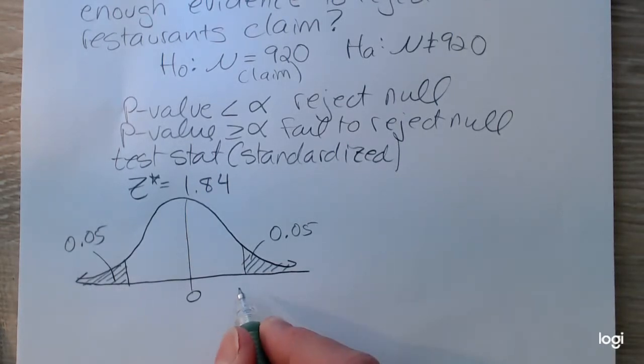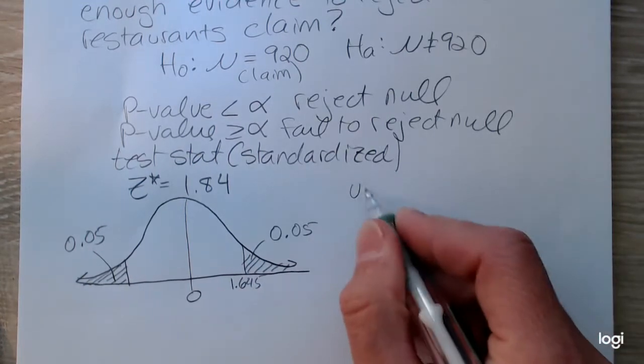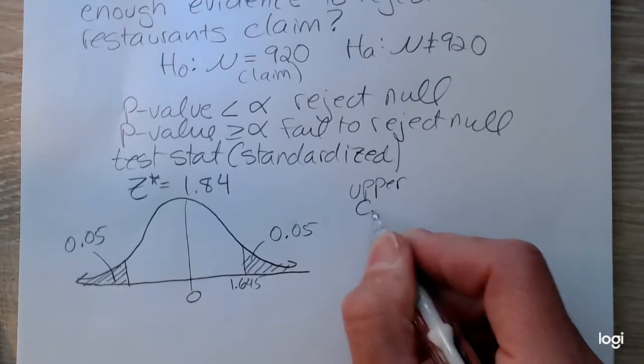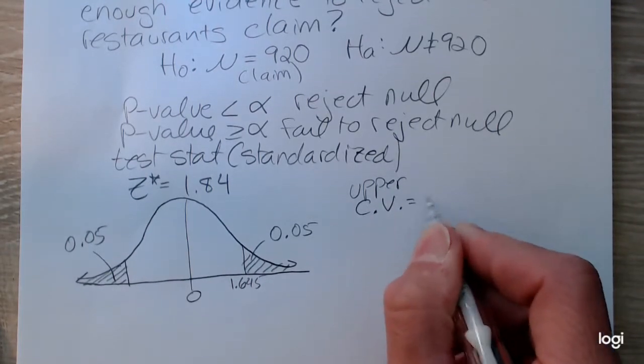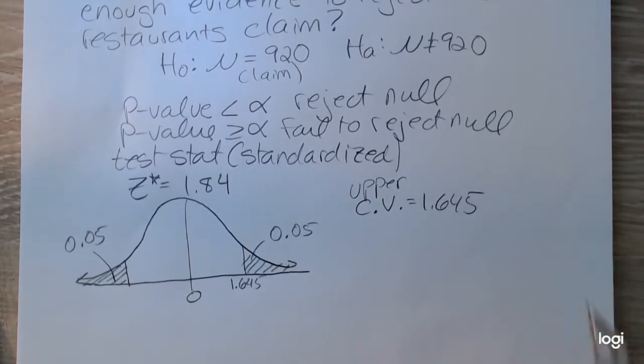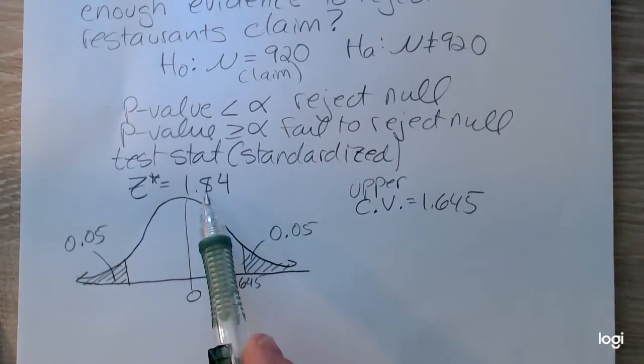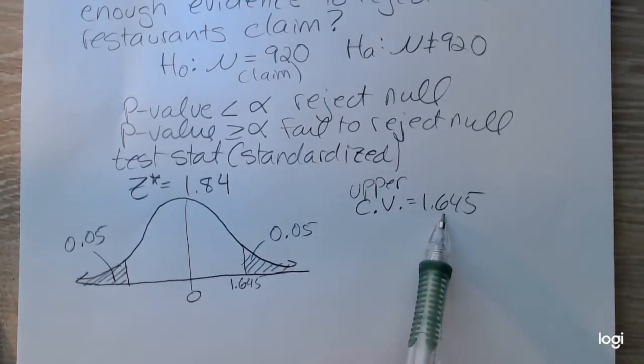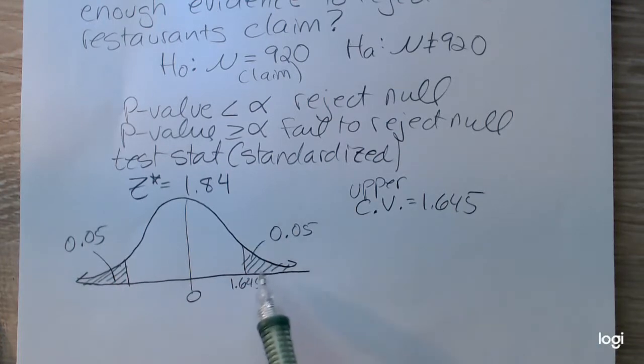Now previously in one of my last videos, I found the critical value, the upper critical value, to be positive 1.645. Okay, so this upper critical value, I'll call it CV, was 1.645. Okay, so in my previous video I compared 1.84 to 1.645. 1.84 was further out in the rejection region, so I know my decision was to reject the null.